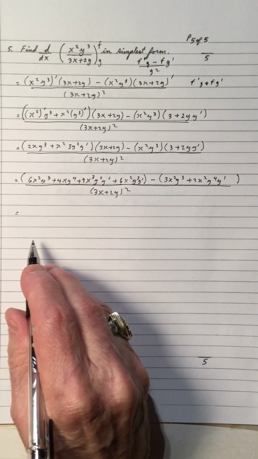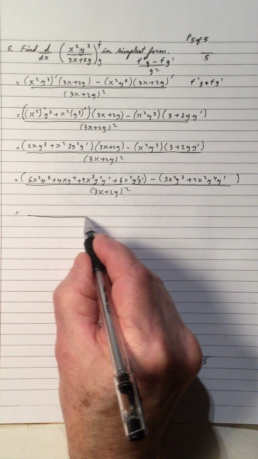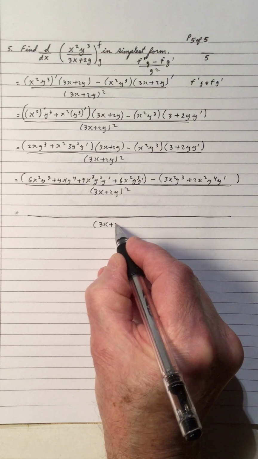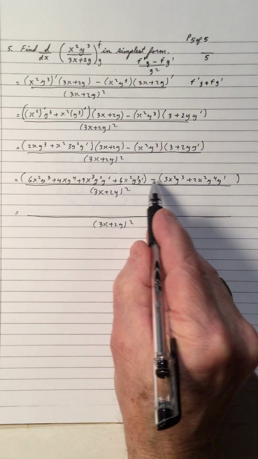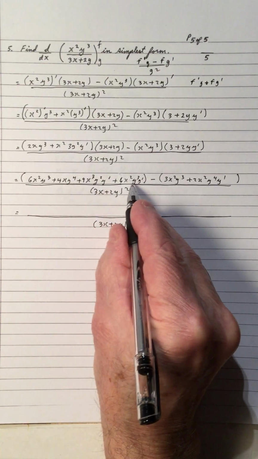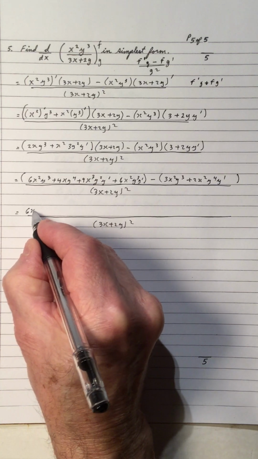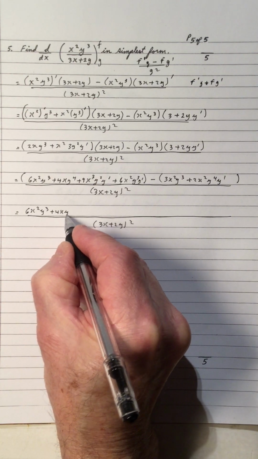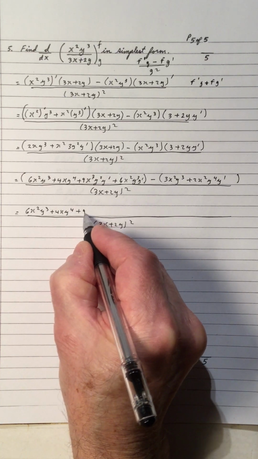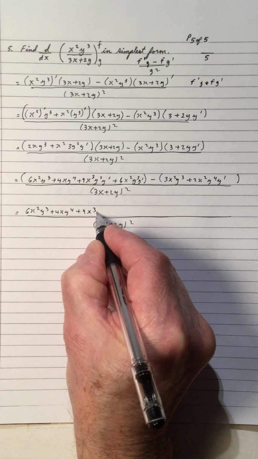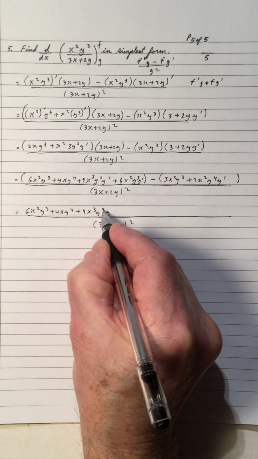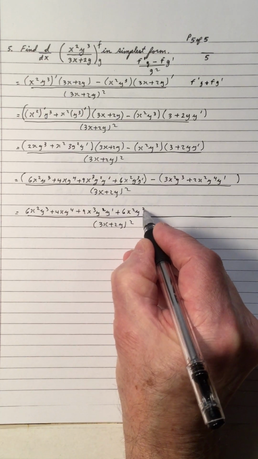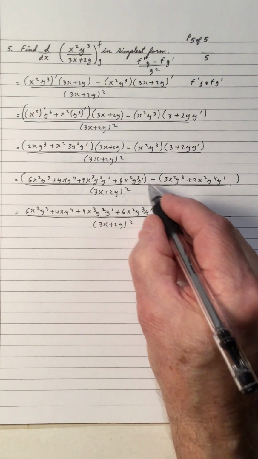Now we have to do the subtraction. So there it is. The denominator is okay. So we have to subtract. So it's the same terms here: 6x squared y cubed plus 4xy to the fourth plus 9x cubed y squared y prime plus 6x squared y cubed y prime.